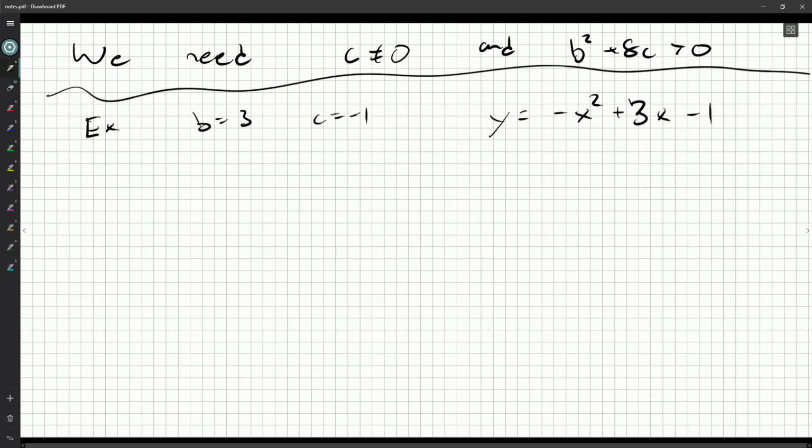Although I'm not liking my choice of number there, the parabola's vertex should be 3/2 and then -1 plus 9/4, which should be 5/4.